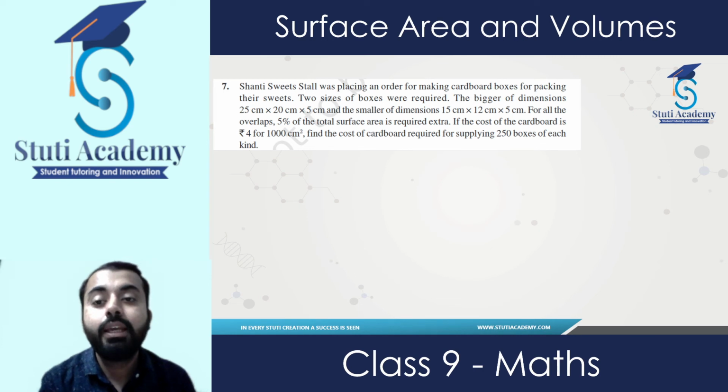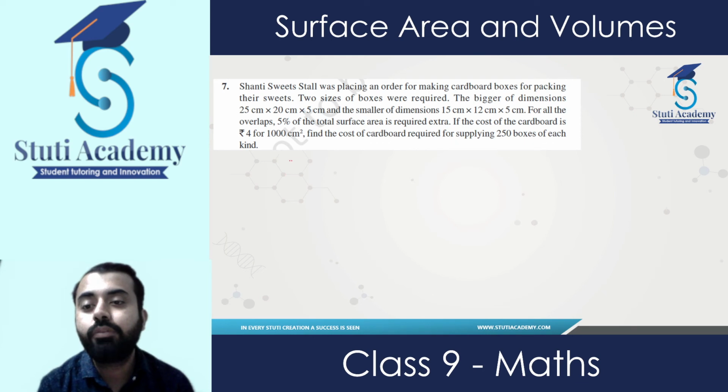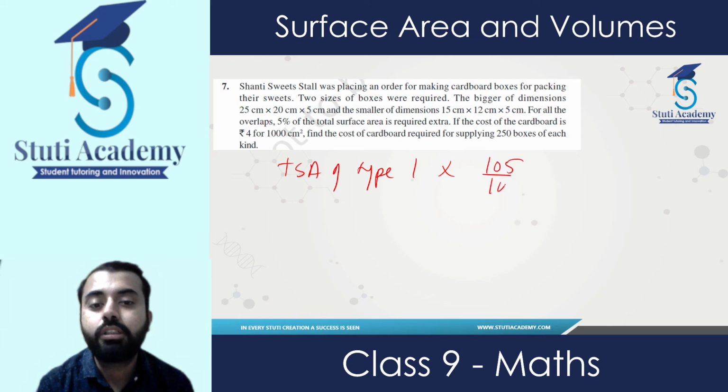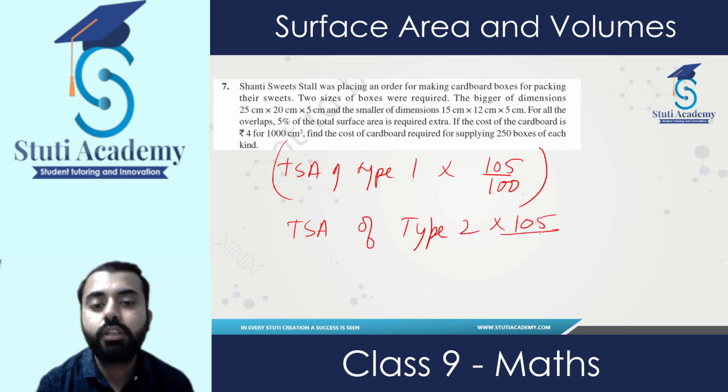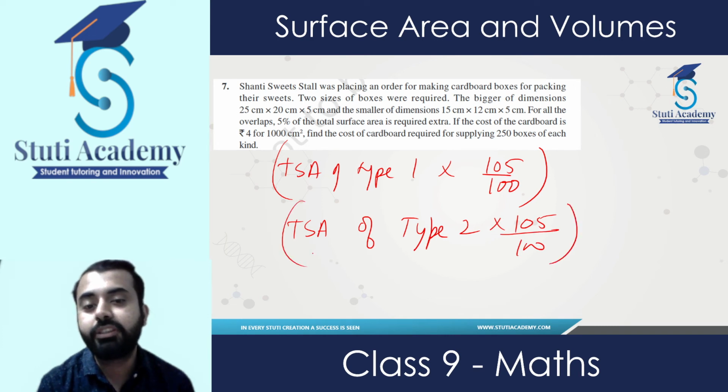Right. Now there are two different methods around this. First one was quite lengthy and second one is easy. Just TSA of type 1 multiplied with 105 over 100, you will be getting the TSA of type 1. Similarly, TSA of type 2, 105 per 100 because we are counting it's 5% extra.